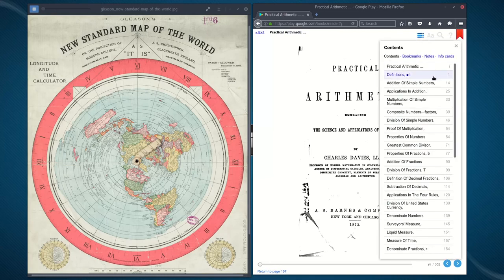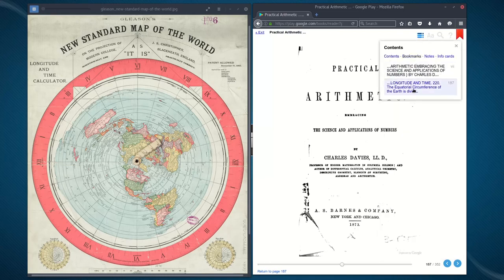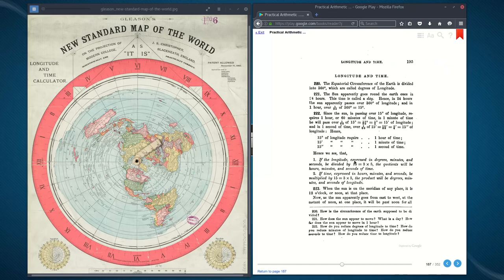Let's see here. So let's read this. The equatorial circumference of the Earth is divided into 360 degrees, which are called degrees of longitude. The sun apparently goes around the Earth once in 24 hours. This time is called a day. Hence, in 24 hours, the sun apparently passes over 360 degrees of longitude.